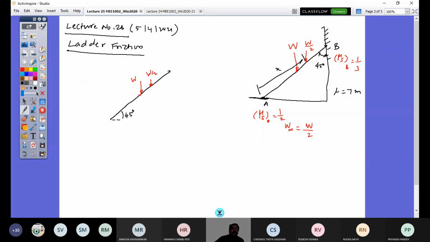We assume he has climbed from here to a distance x. The length of the ladder is 7 meters, so this is 3.5 meters and this side is 3.5 meters. This is point C, the midspan, let us say. This is point A. I would now have here a normal.